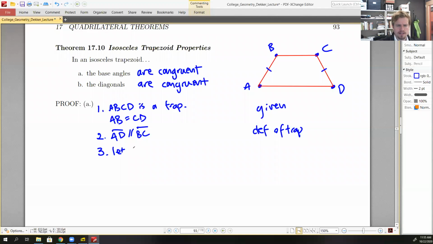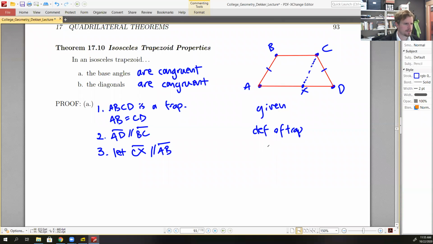So let's let CX be parallel to AB. We've got some line here that is parallel to AB, and we're calling this point X. This happens because, given a line and a point, we can find a parallel through the point.